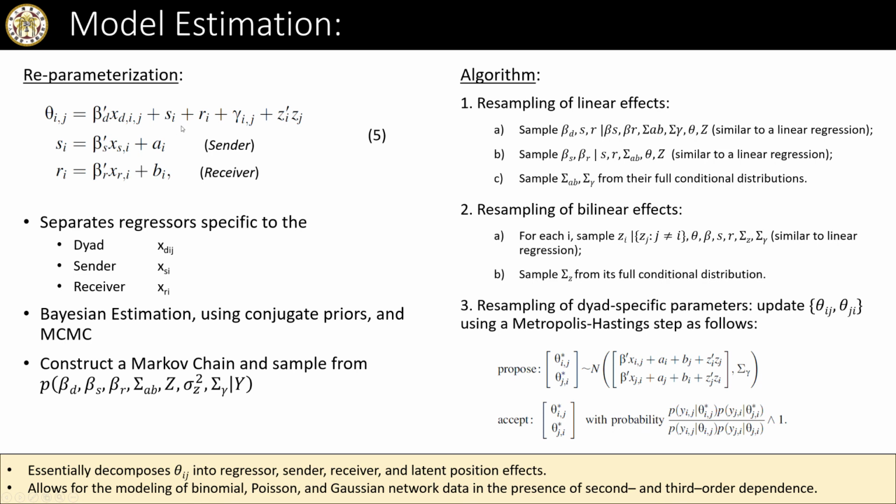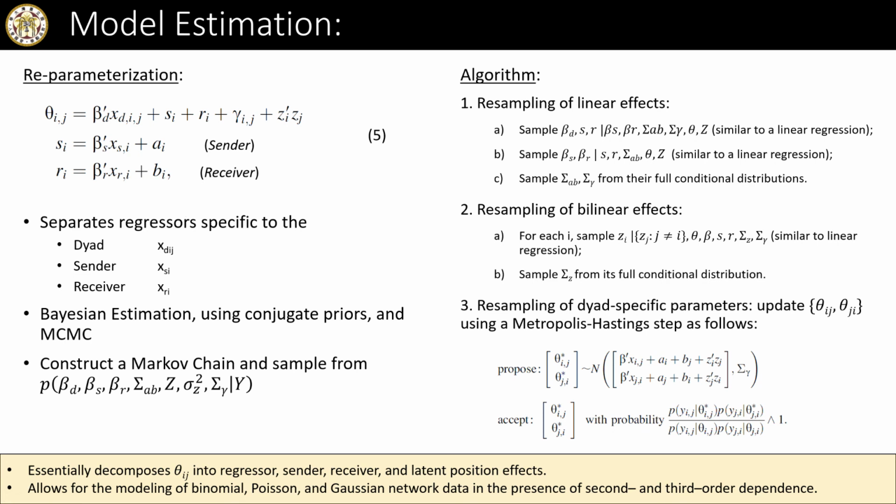Si is sender, Ri is receiver, and then zi, zj is our third order dependence. They've redefined portions of the X space here to isolate the sending and receiving effects.